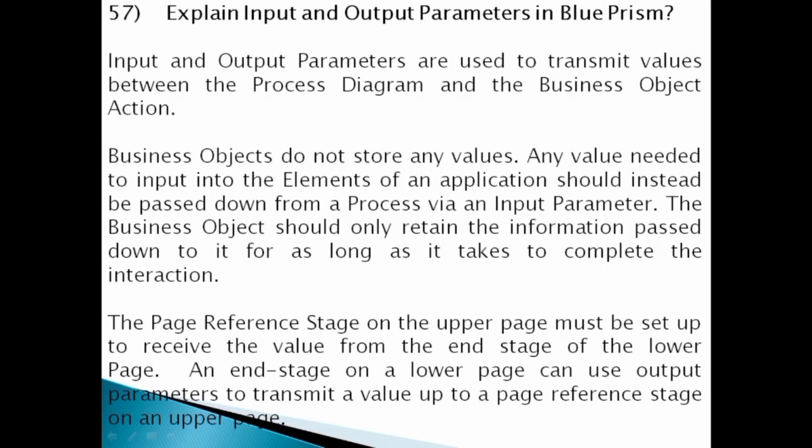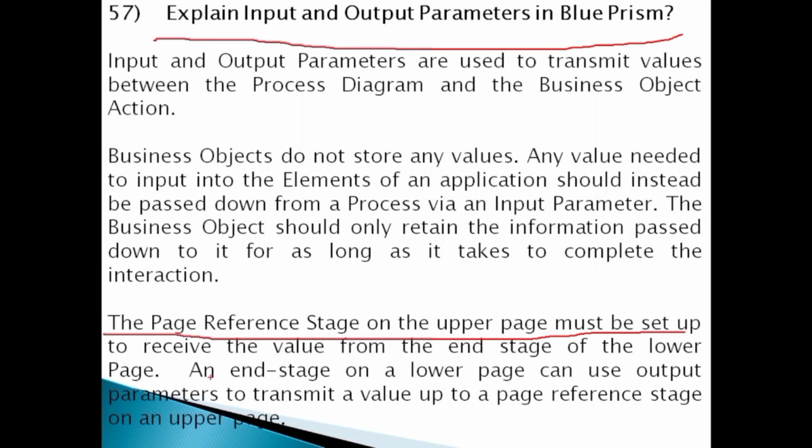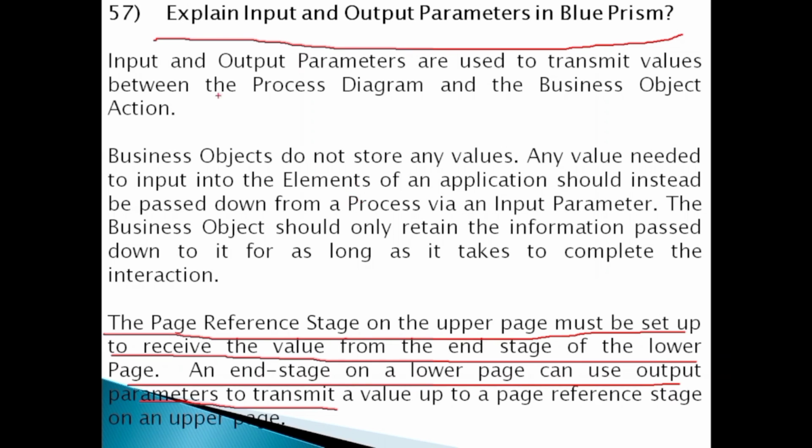Explain inputs and outputs parameters in Blue Prism. So input parameters are our startup parameters. Similarly, output parameters are the parameters which will be returned by the end stage.